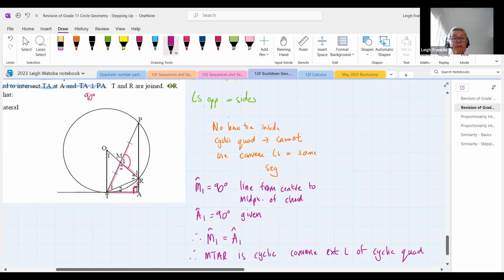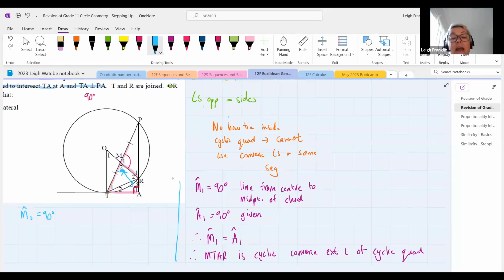Okay, now there is another way that you can do this particular question, and I do want to do it with you very quickly. All right, so we could also work with M2 and use converse opposite angles of a cyclic quad are supplementary. Okay, so by the same vein, I can say M2 equals 90 for the same reason. Line from center to midpoint of chord.